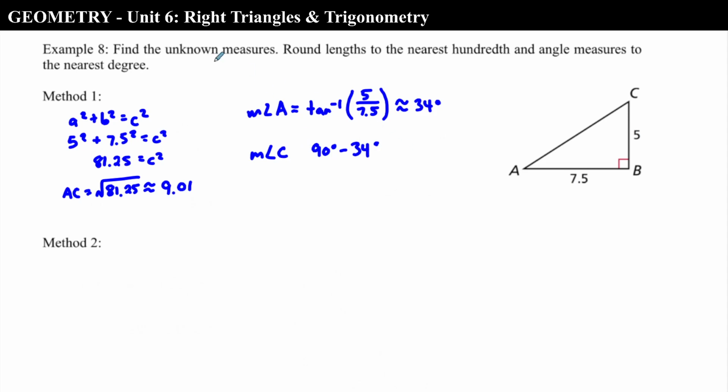So let's write these as approximations, because 34 is approximated. So that's approximately 56 degrees. So that's the first method to do this. The second method, we find our angle measures first. Okay? So I'm going to copy this and drop it in because it looks exactly the same. The work is going to be exactly the same.